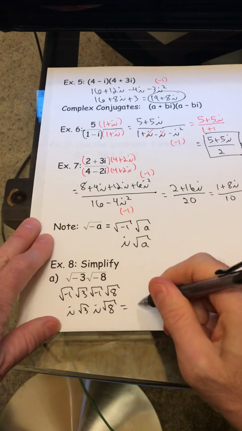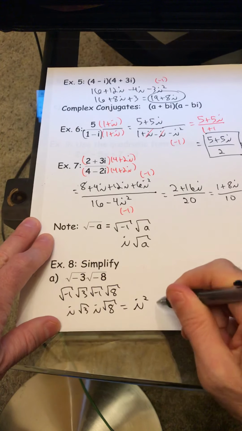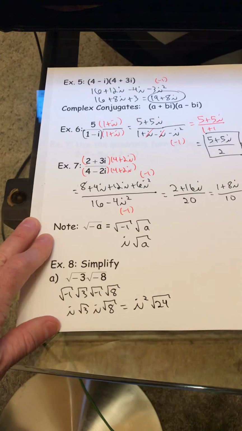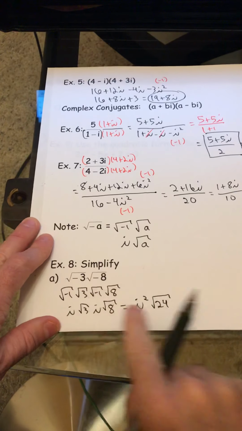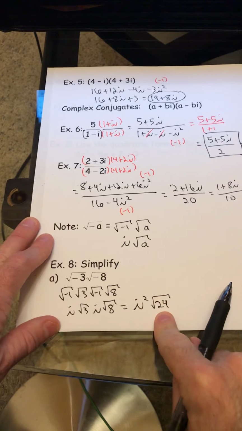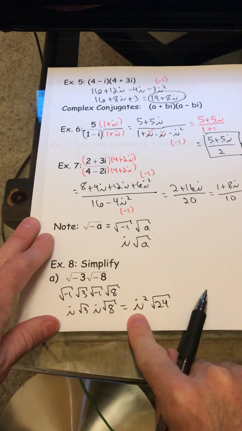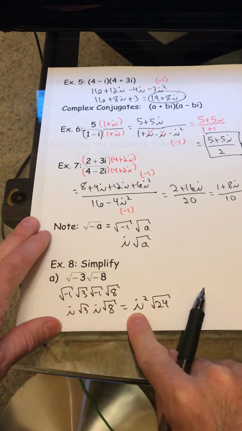And so then that becomes i squared radical 24. Here's the problem. If you multiply these first, you still end up with a positive 24, but you don't have the i squared, and it will change your overall answer.